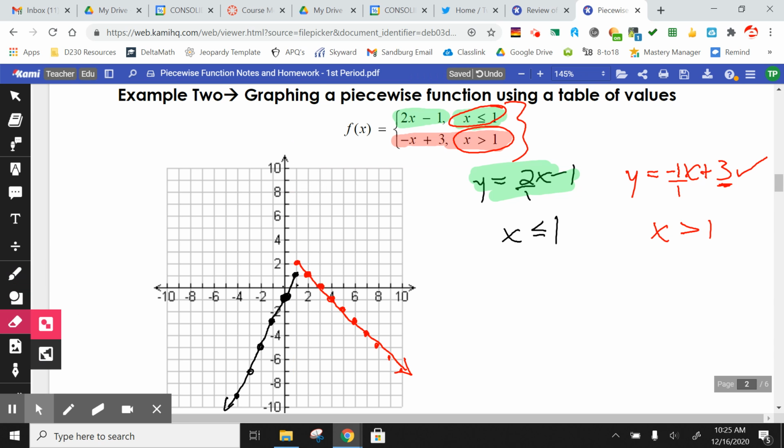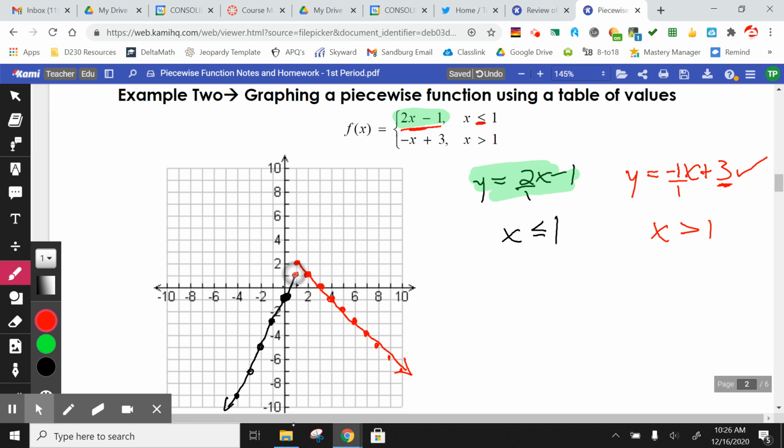Let's see if you remember this guy. Last year, you would have talked about open dots and closed dots. Sometimes you had a closed dot. Sometimes you needed to leave your dot open. So when we do this, look at this one right here. See the equal to sign in the 2x minus 1? We want this dot to be closed. So close that one.